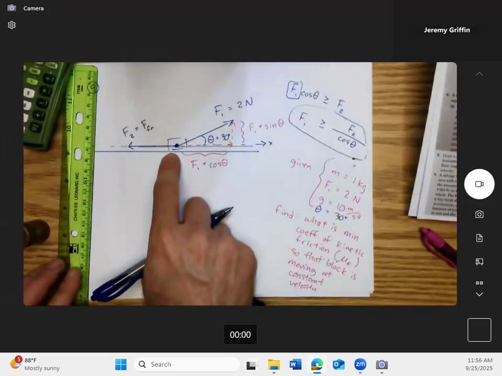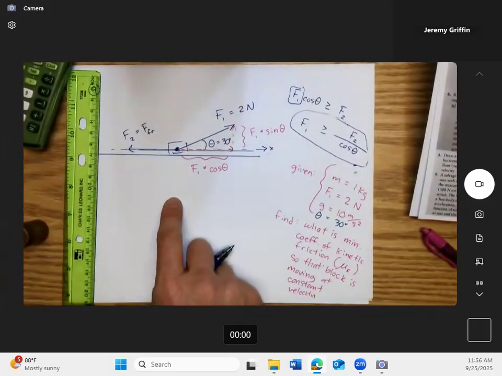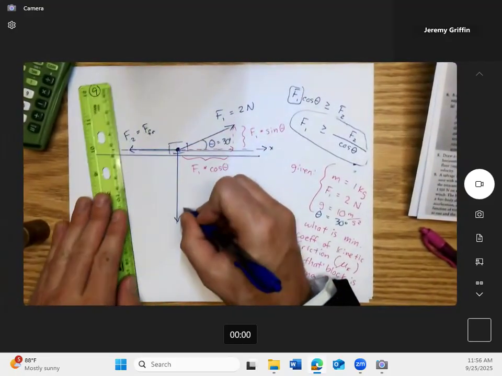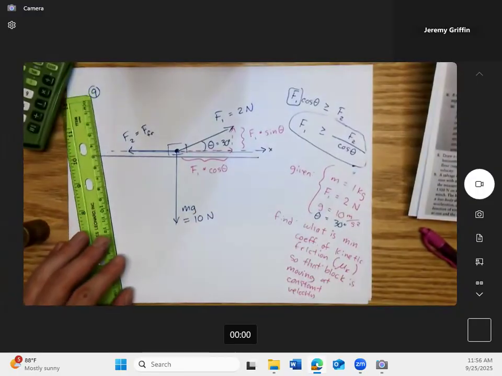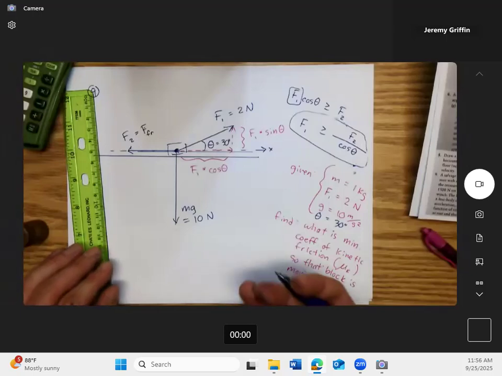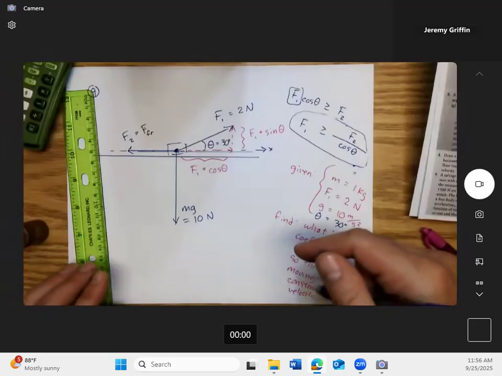Guys, if the mass of the block is 1 kilogram, how much does the block weigh? 10 newtons, right? So mg could be 10 newtons. And guys, would there be a normal force holding this block up from the surface? Yeah. Now here's where this gets a little tricky, and this is one of the reasons I want to do this.